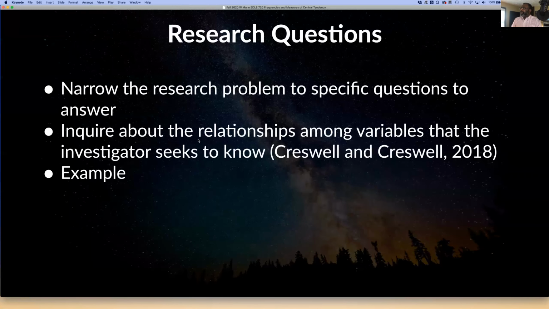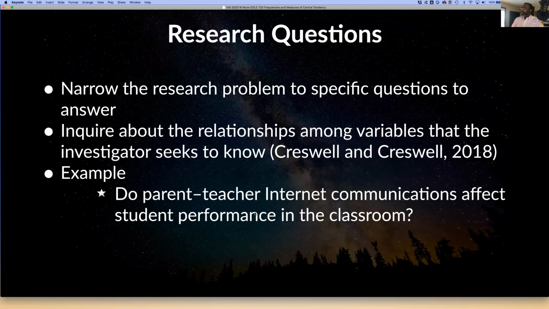All right. So just to rehash again, research questions narrow the research problem to specific questions to answer. They inquire about the relationships among variables that an investigator seeks to know.